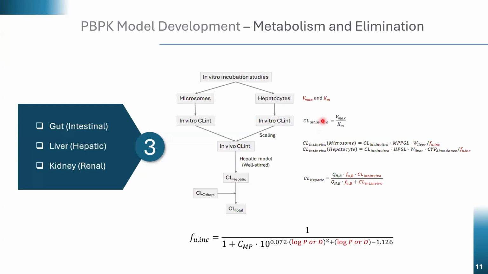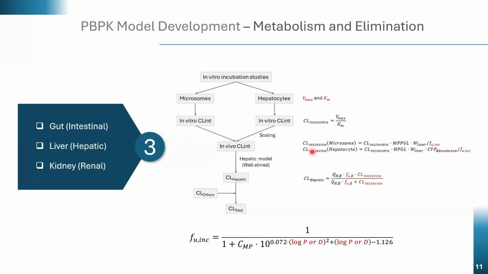So you can't use the clearance in the test tube, or in vitro, to be the clearance in humans. If it is an in vivo study, this is the scaling equation that we use.